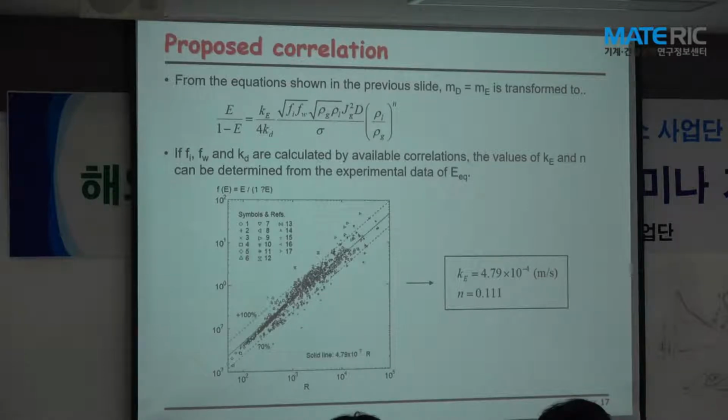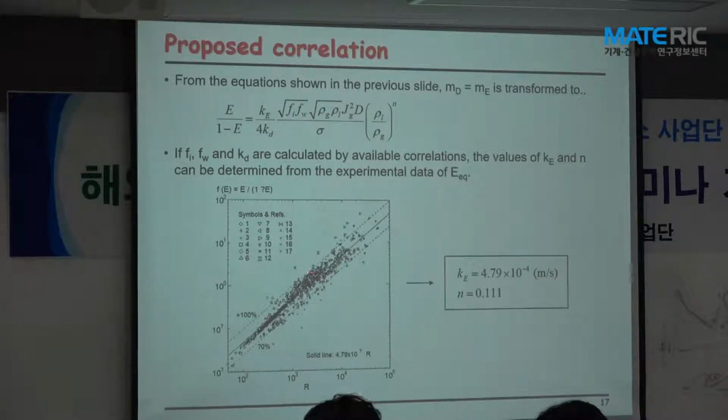This is the result. From the previous equation, this relationship can be derived. In this figure, what is R? I don't remember very well, but maybe this one. This part is the definition of R. The vertical axis is E divided by one minus E, the left-hand side of this equation.